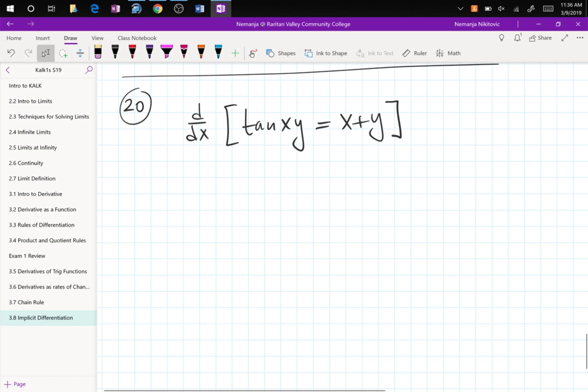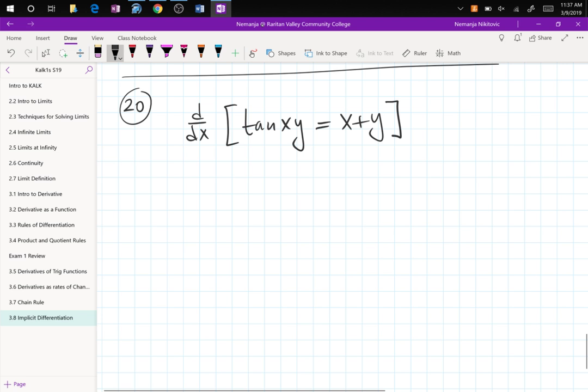All right, so I hope you see the product rule within tangent, which means you have the product rule inside the chain. And then you have x plus y on the other side.